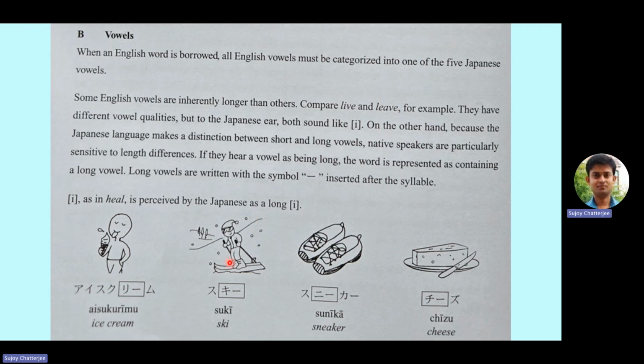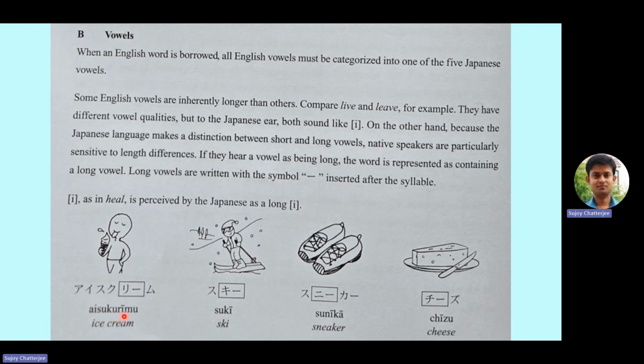Let's take some examples. First one is ice cream. How do we write ice cream in Japanese? You can see here this boy is enjoying his ice cream. So ice cream, as you can see here, is aisu kurimu. In cream we have a long e sound.